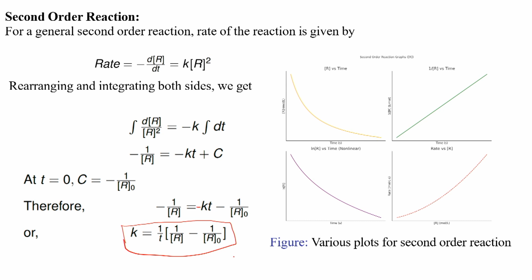Okay. Now, if we plot ln r versus time, the value of r is exponential decay. So if we take ln, we get a similar kind of plot here. And if we plot rate versus concentration of r raised to the 2, we get this kind of plot. So, these are all schematic plots.